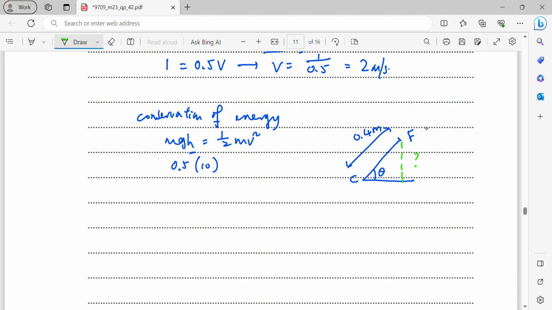That is the opposite side, and then this 0.4 is the hypotenuse. Opposite and hypotenuse should be sine. So sine theta is going to be question mark divided by 0.4. Now your question mark is 0.4 sine theta. That will be my height, this is also my h.